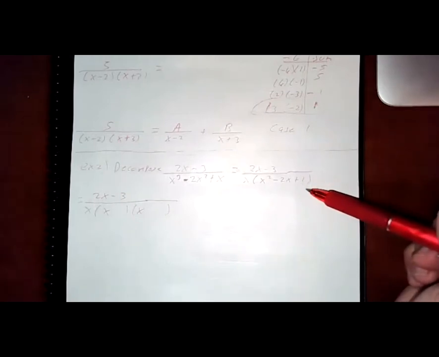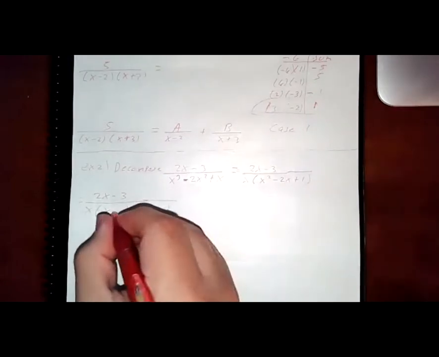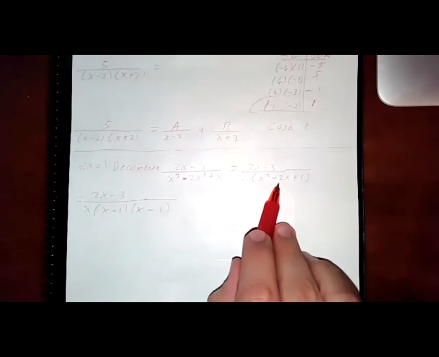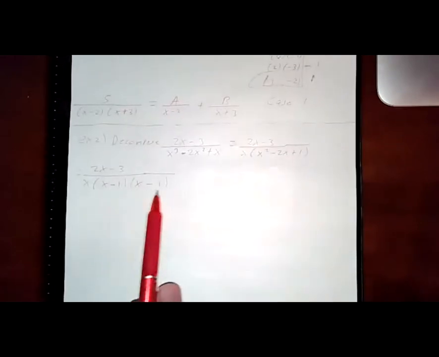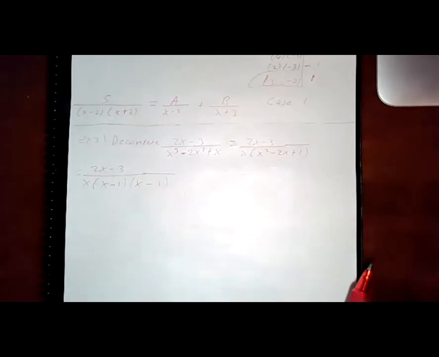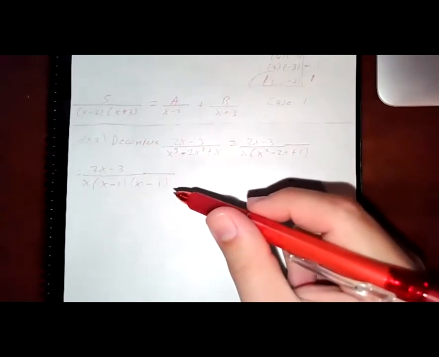So yeah, it's going to be -1 times -1 gives me a +1. And when I add -1 and -1, I get a -2. So those are the requirements to get the correct numbers in here. Okay. Once we have that, we'll do a case 2 approach. Okay.